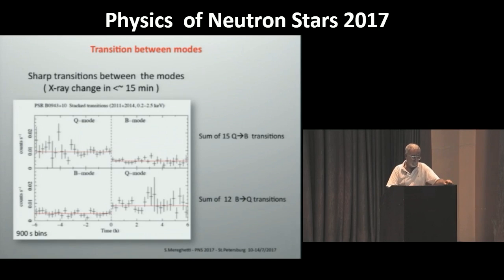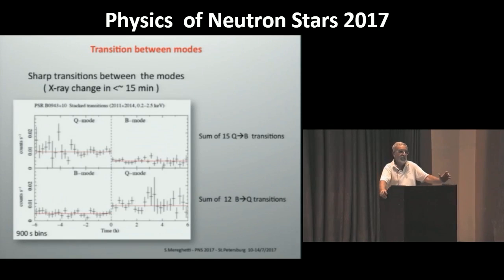This is another part of the puzzle because, independent of the size of the polar cap, if you believe the angles that are deduced for these objects from the modeling of the radio emission, it means that it is a nearly aligned rotator, and it is difficult to explain such a large fraction with thermal emission unless you invoke some particular beaming or some different geometry for the magnetic field.